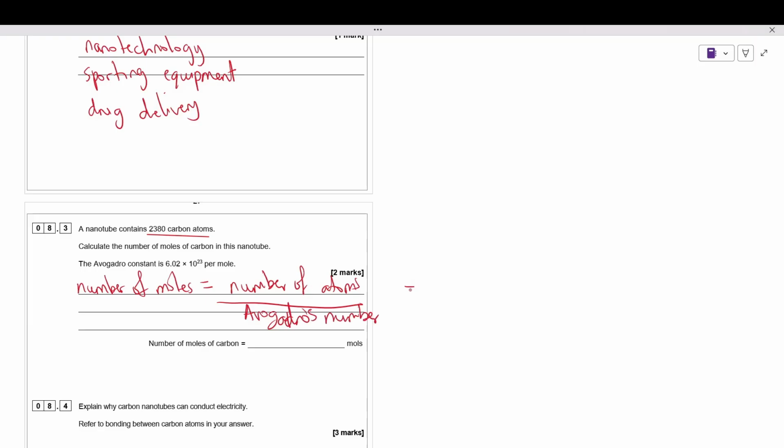So essentially all we're doing here is just dividing 2,380 by our Avogadro's number, 6.02 times 10 to the 23rd, because each mole contains this number of particles. So now we can use this to figure out how many moles we actually have in those 2,380 atoms of carbon, and that's going to give you an answer of 3.95 times 10 to the negative 21, and that is going to be the number of moles that we have. So that's our answer for that one.